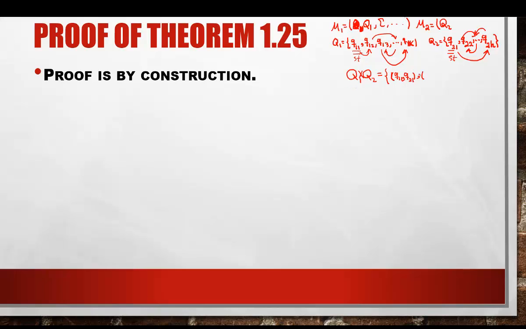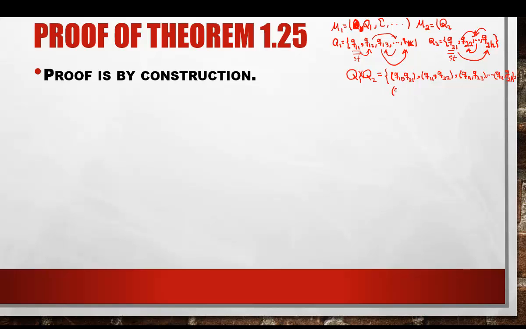And then for each of the states of the first automaton, you get to use every one of the second automaton's states too. So Q11 with Q2 sub 2, and then Q11 and Q2 sub 3, all the way to Q11 and Q2 sub H, the last state there.